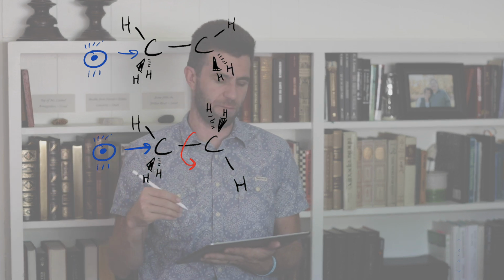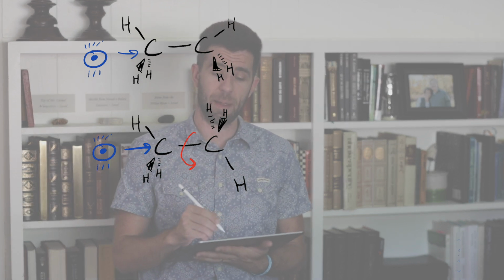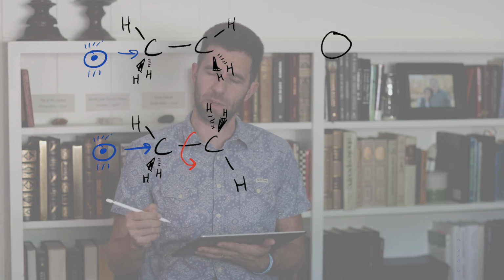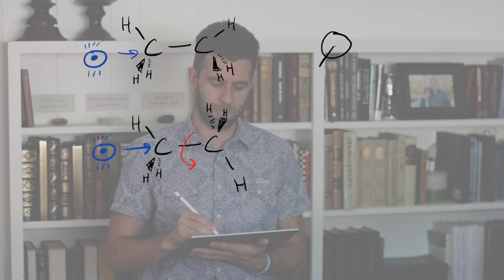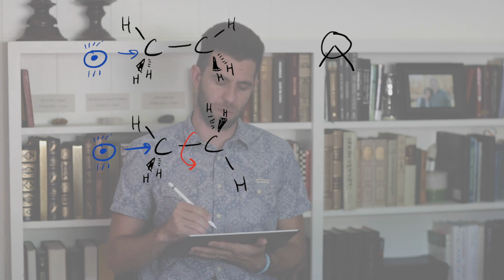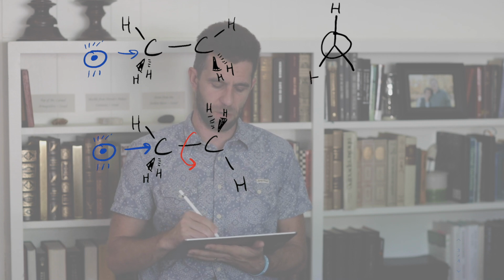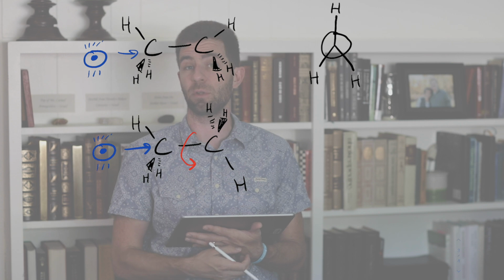First of all, in the very foreground here, this is the foreground where the eyeball is, you're going to have a carbon that I'm going to draw as a big sphere or blob here. And then it looks like we have two hydrogens coming down like that and one hydrogen coming up. So if we rotated our view around, that's what this front carbon would look like.